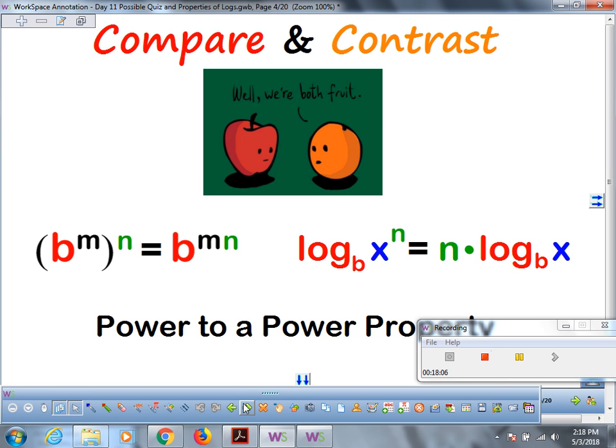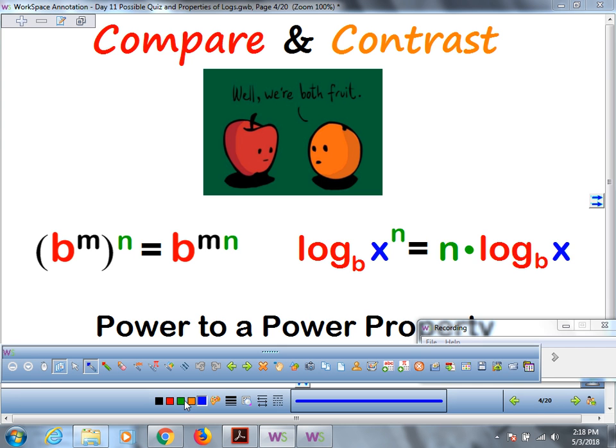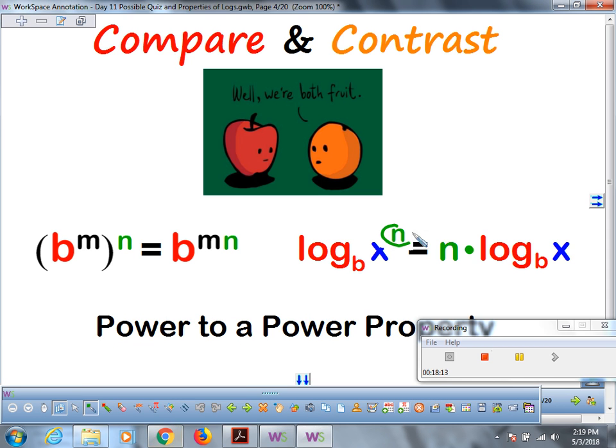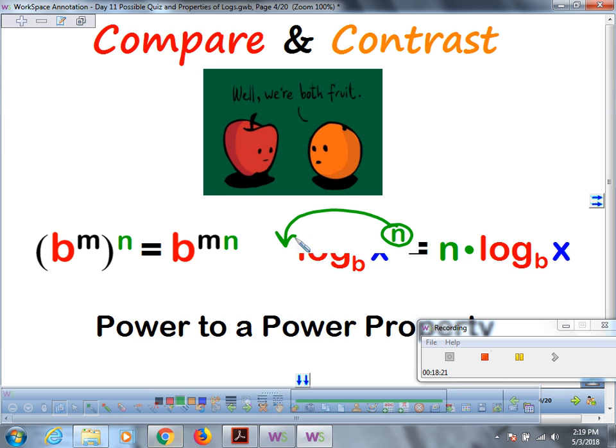So we've already learned that when we use logarithms, it's like pulling the exponent out in front, because if logs are exponents, I want to know how many times my exponent is happening. So you guys kind of see the relationship between those two? That's our power to a power property. We've already been using it.